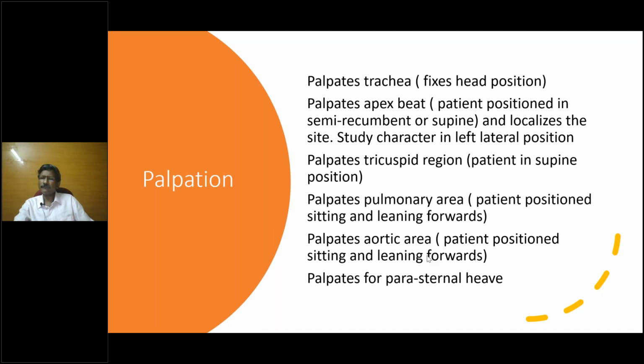Smriti, thrill in the left fifth space, sixth intercostal space, epigastric region. Chandani has mentioned trachea midline, apical impulse felt over more than one intercostal space, hyperdynamic. Okay. Anyway, I'll go to the answer.